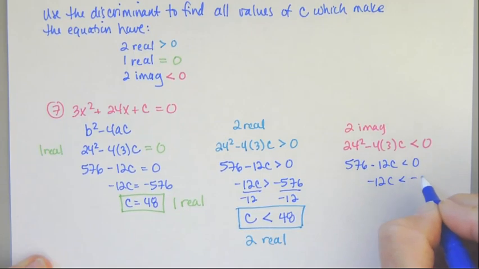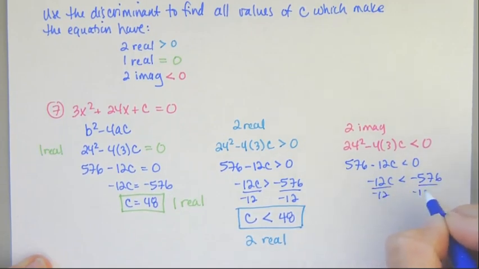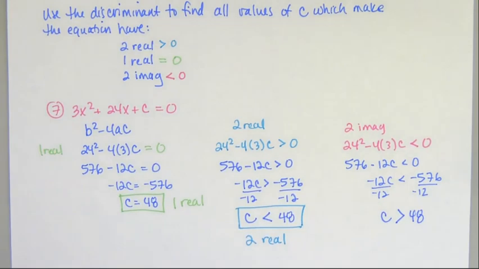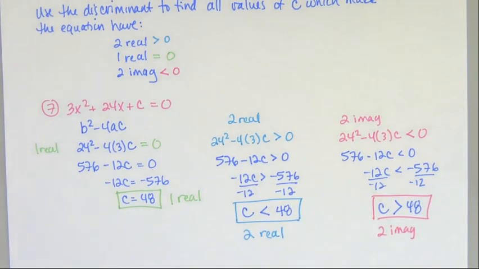Negative 12c is less than negative 576. Again, we're dividing by a negative, so that inequality flips, and I get c is greater than 48. So as long as c is bigger than 48, that would give me 2 imaginary solutions.